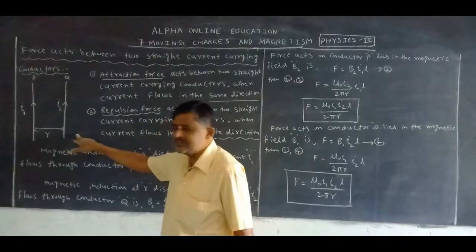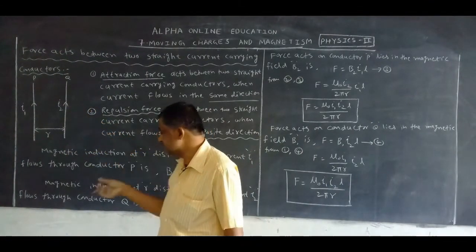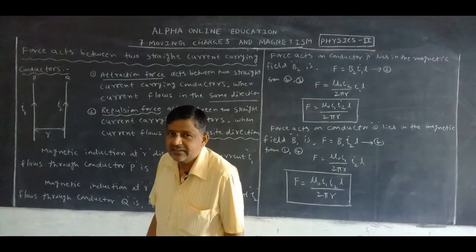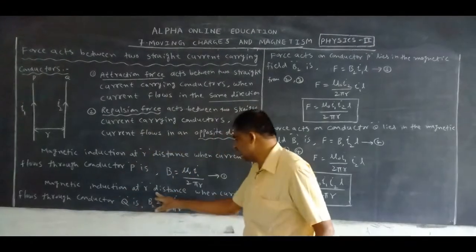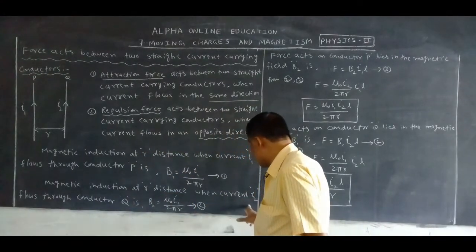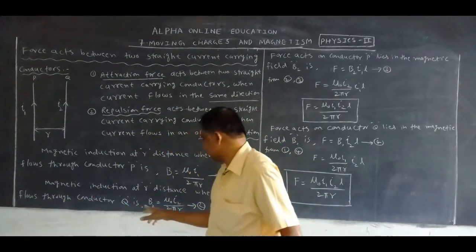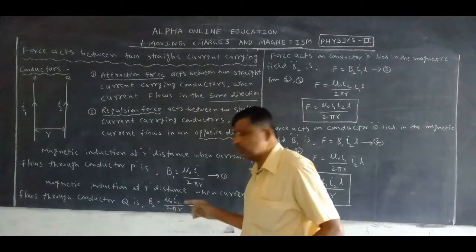Now, when current is passing through the second conductor, the current is I2. Again magnetic induction is established by the conductor Q. At r distance, when current I2 flows through the conductor Q, the magnetic induction is B2, B2 is equal to mu 0 I2 by 2 pi r.